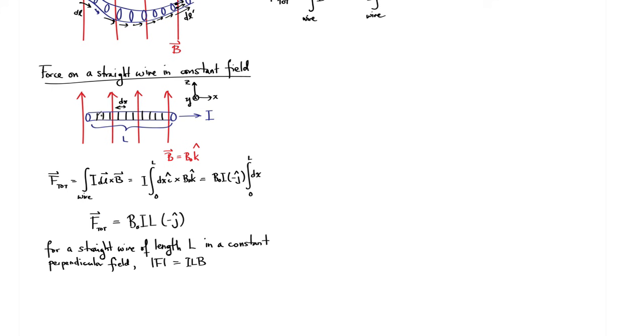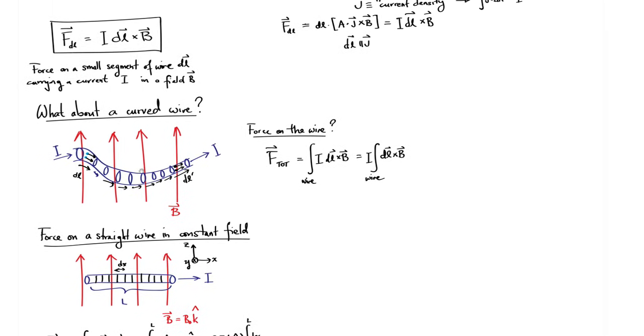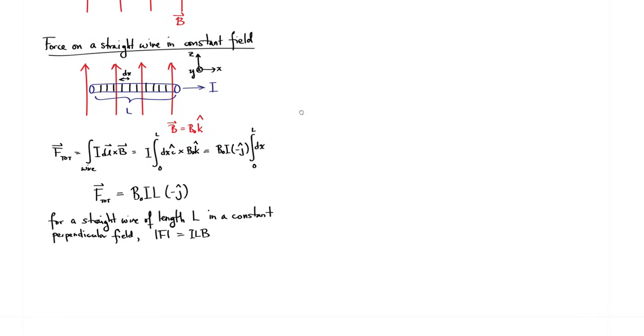Since it's a loop, the current will be changing direction as you go through. When you take this dl cross B, since the current changes direction, you'll have to take into account which way the current is flowing through the wire. Okay. All right, so that was a particularly easy example.